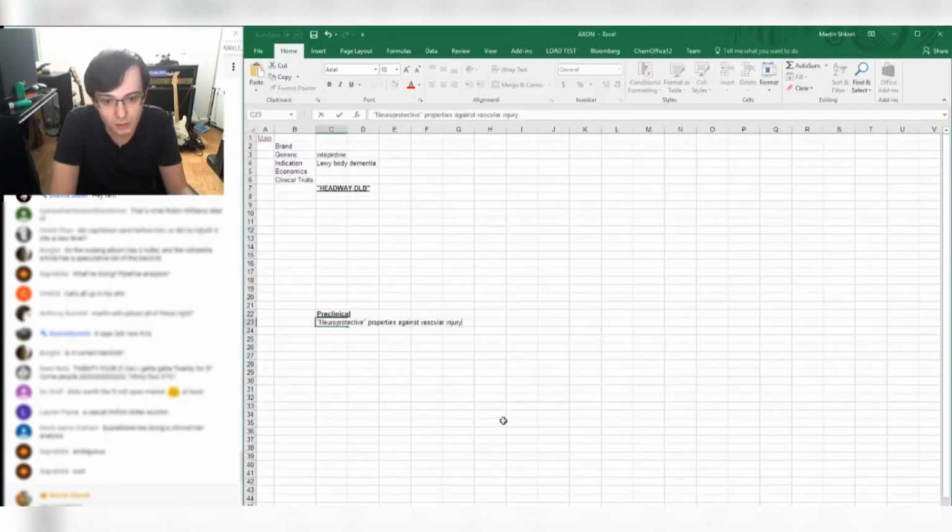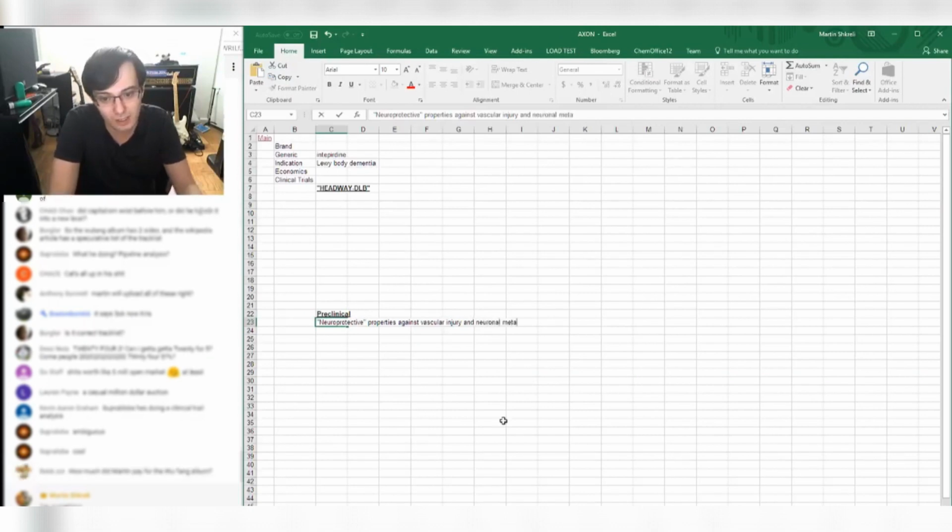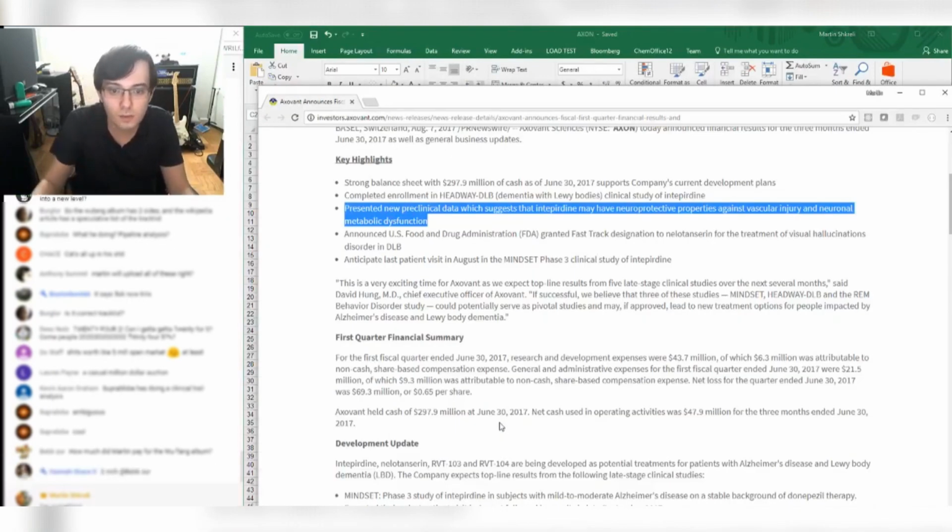And, okay, so against vascular injury and neuronal metabolic dysfunction. Again, this is sort of a buzzword concept, but I'll write it down, and I'm going to note where I got this from. So I'm going to say Q2 17 press release, just in case I want to look at that further.